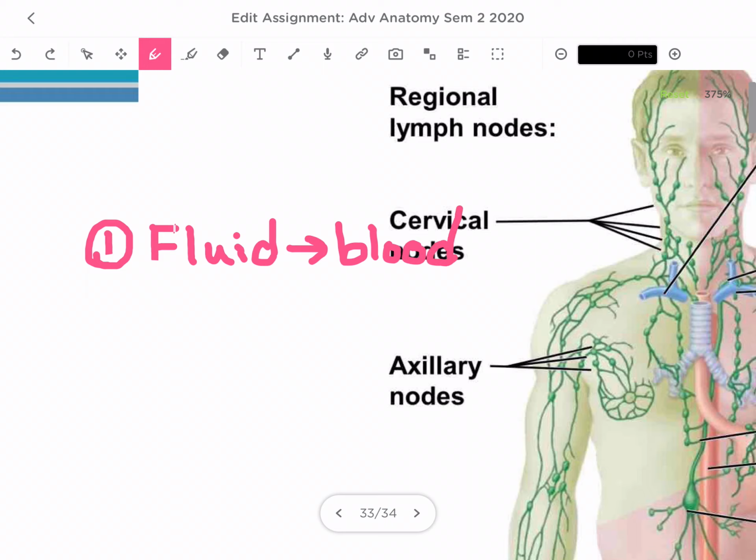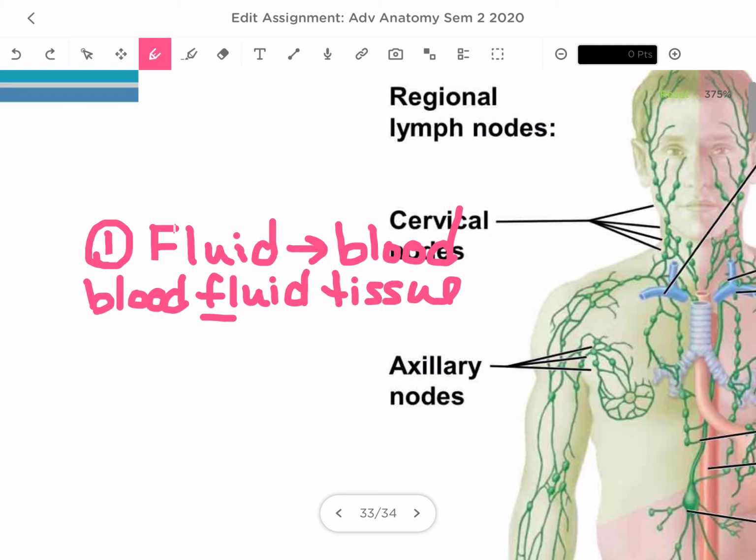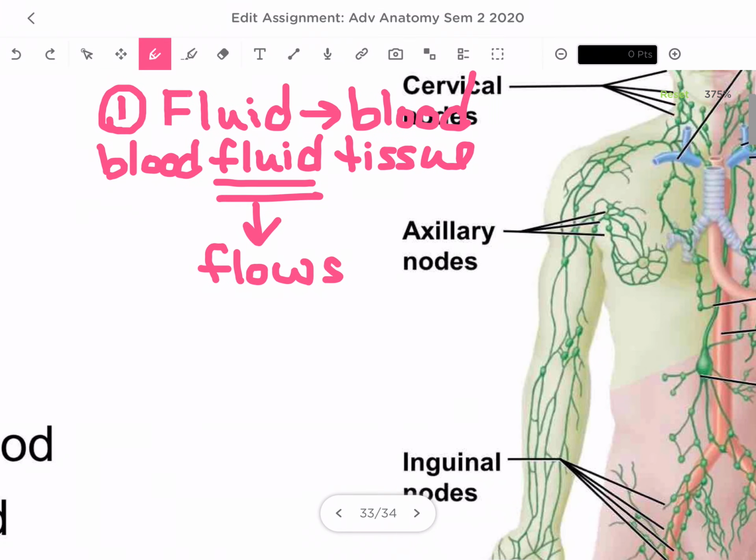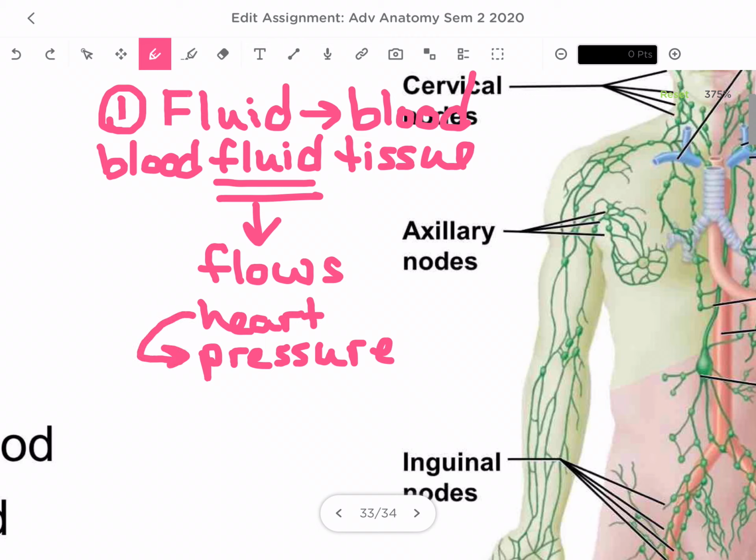If you remember from maybe last year in anatomy, blood is the only fluid tissue in the human body. And by fluid, I mean that it's the only tissue that flows through your body. It is pushed by your heart, and there is lots of pressure behind it caused by the pumping of the heart.